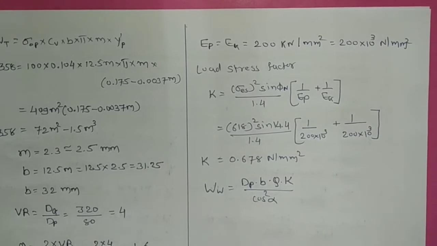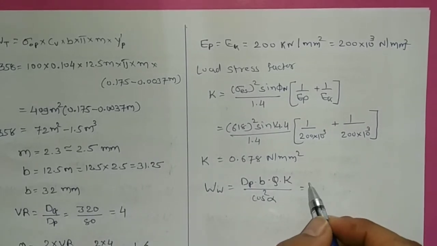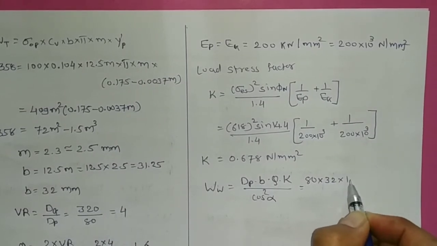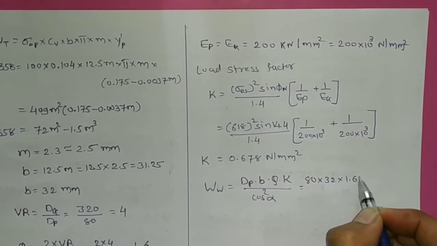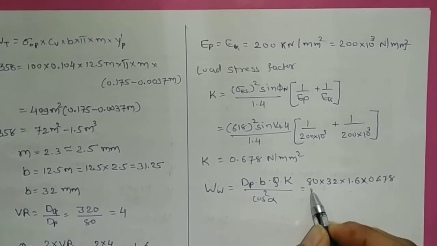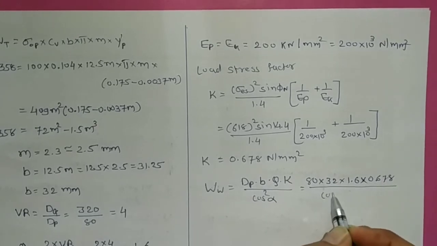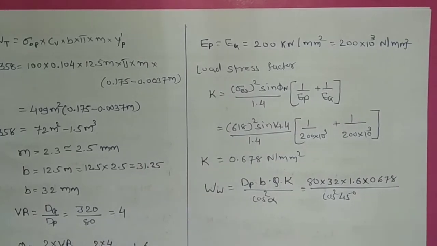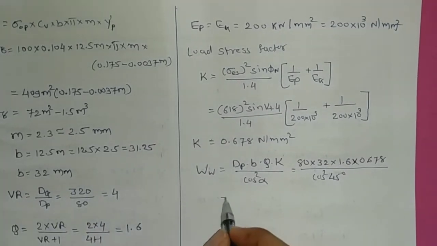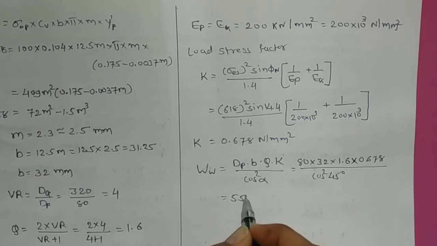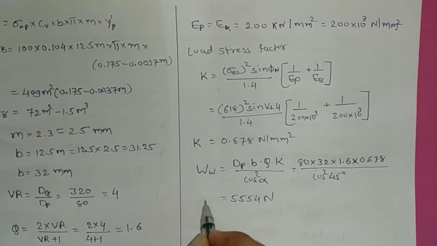So put the values in this equation. dP is equal to 80, B is equal to 32, Q is 1.6, and K is equal to 0.678, divided by cos square 45 degree. From that you can find the value of wear load WW, which is equal to 5554 Newton.